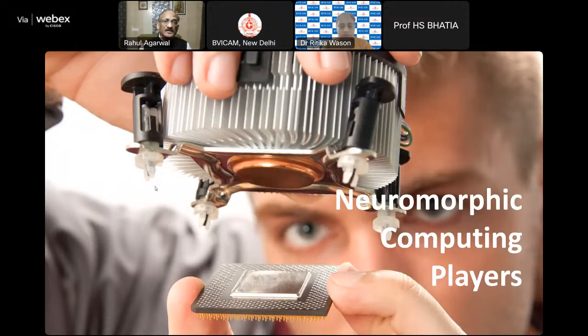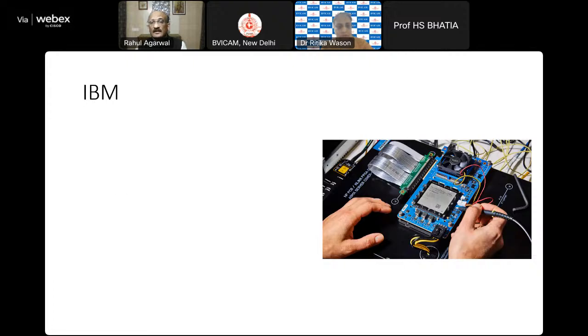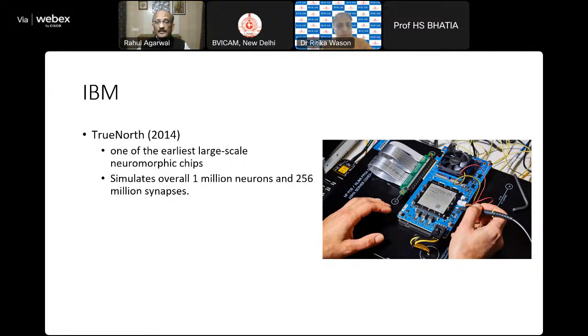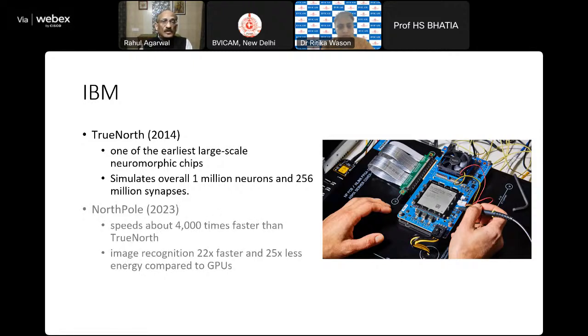Now let's understand the key players in neuromorphic computing. IBM is one of the main players. They started developing such processors, and TrueNorth was the first processor they developed. It was introduced in 2014, and it simulates over 1 million neurons and 256 million synapses.